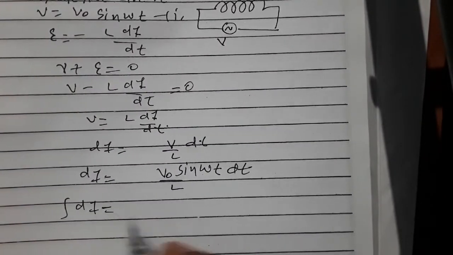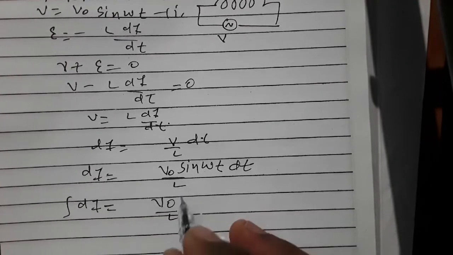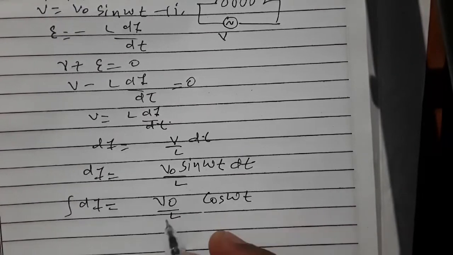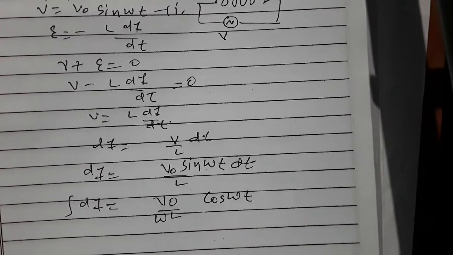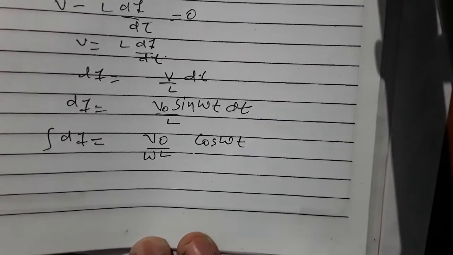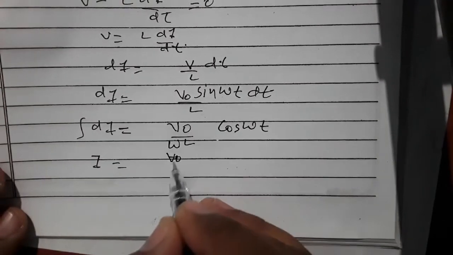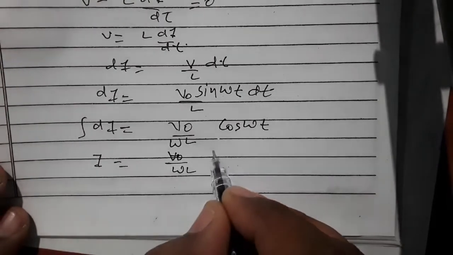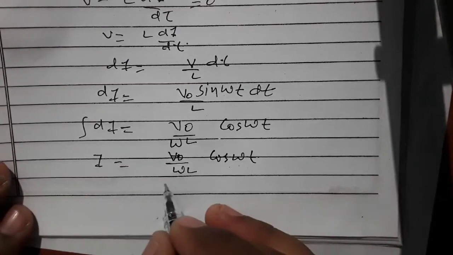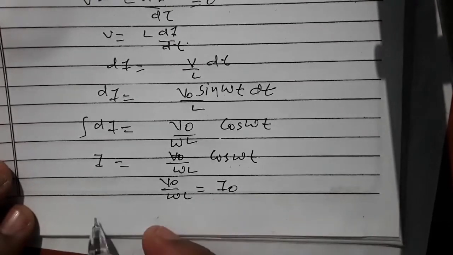Integrating di, we get V naught by L sin omega t is minus cos omega t upon omega L. Let us suppose V naught by omega L is equal to I naught.